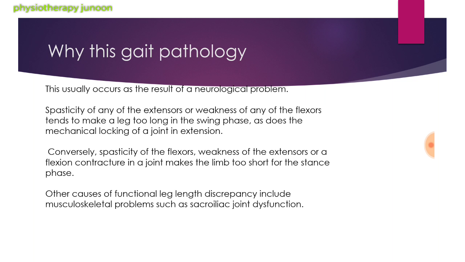Other causes of functional leg length discrepancy include musculoskeletal problems such as sacroiliac joint dysfunction, ASIS, PSIS. These conditions are due to flexor and extensor weakness and tightness, or you can say spasticity.